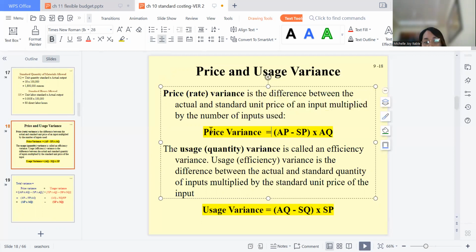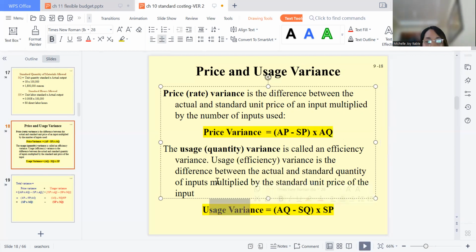So here's the formula: price variance equals actual price less standard price times actual quantity. Actual quantity is the multiplier here, class, because the actual quantity is what we actually used.